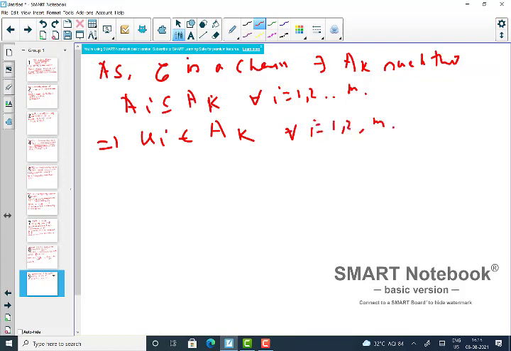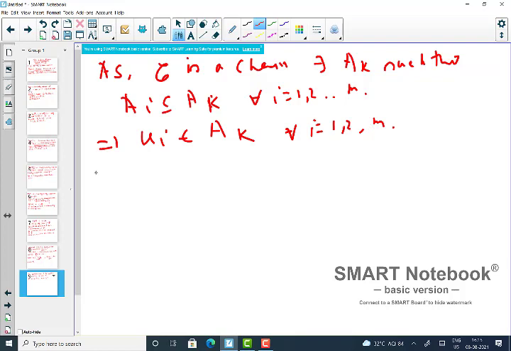But ak is an element of P, and hence it contains linearly independent elements, right? So ak is linearly independent, right?